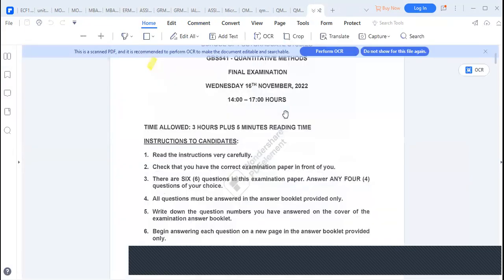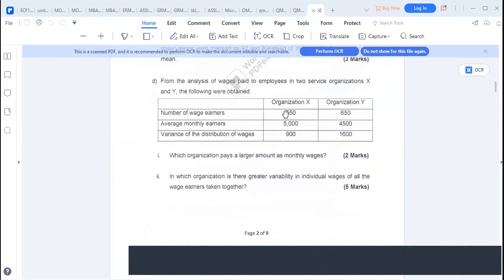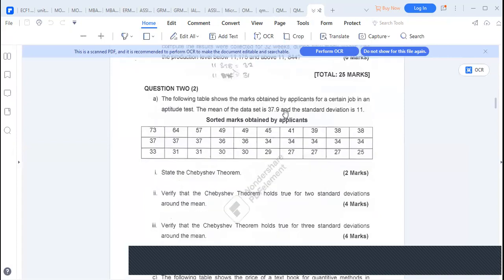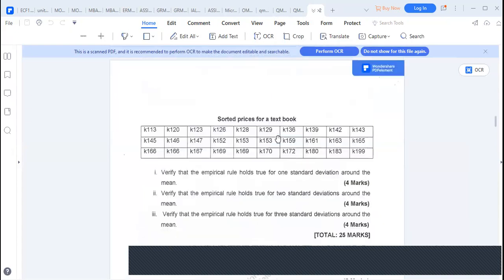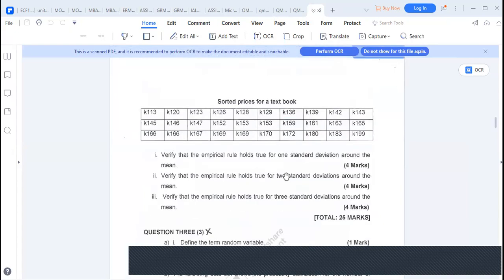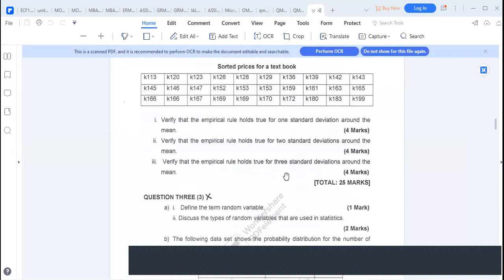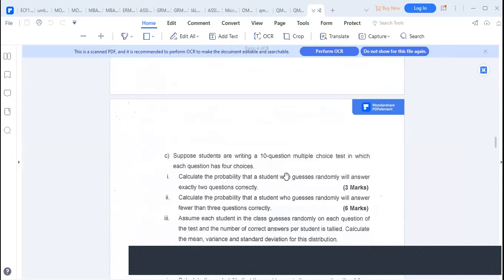and see the question that gave people trouble to do with the percentiles. So we have this one here. This exam. What we're doing is empirical rule, no?